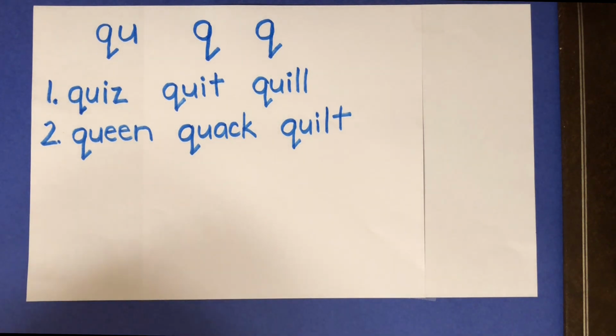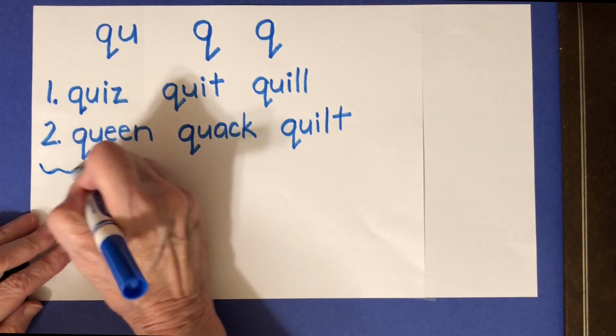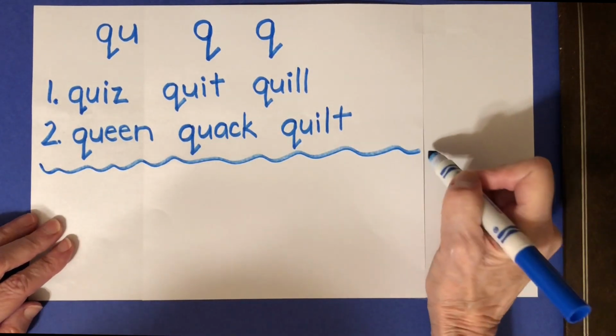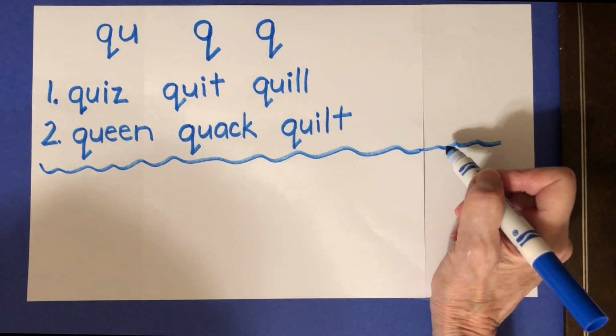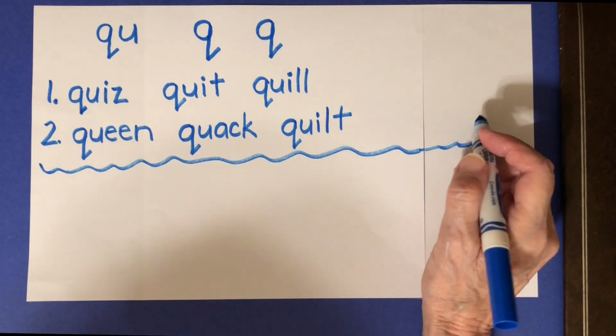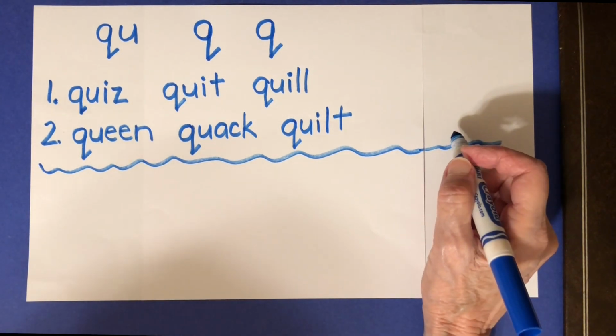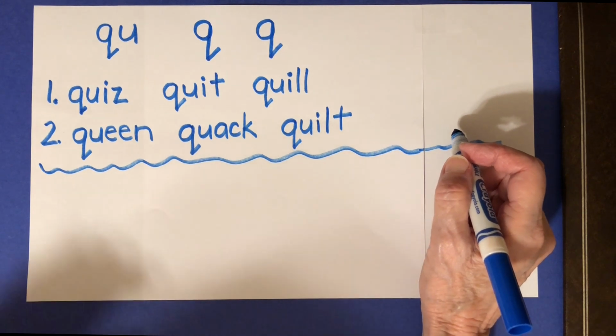Now I need you to become backward letters detectives. Can you do that for me? I'm going to write 2 mystery sentences, and I'm going to make 2 backwards letters in each one. Be a detective and find them for me.